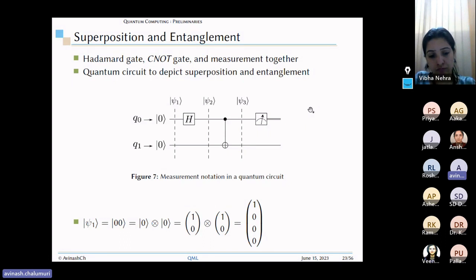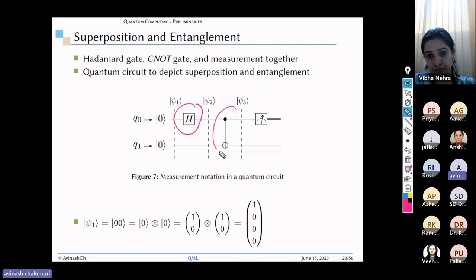This is a strict entanglement circuit where we use both the Hadamard as well as the CNOT gate in order to push two qubits into a fully entangled state. CNOT alone won't push the two qubits into a fully entangled state; only this particular operation, a Hadamard operation followed by CNOT, can push it to a fully entangled state.